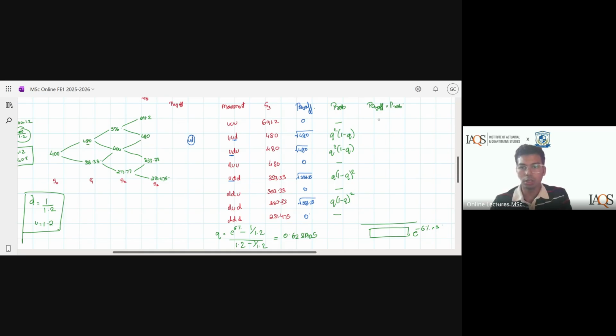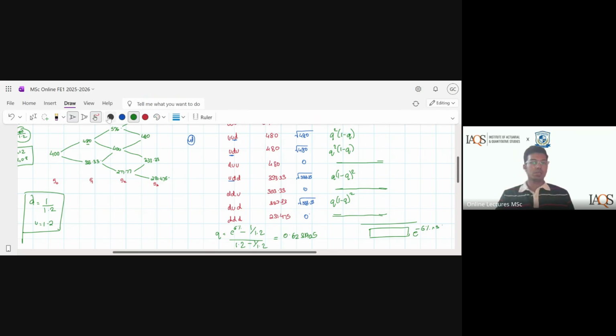No need to calculate the payoff into probability for these. Zero 54731. That's correct.